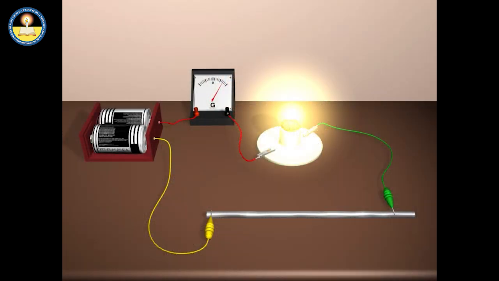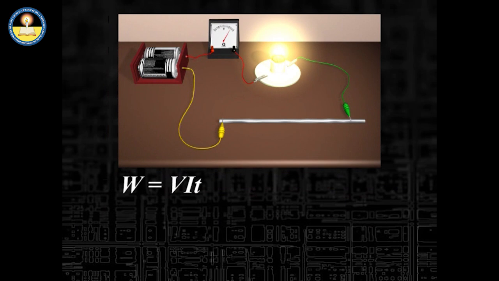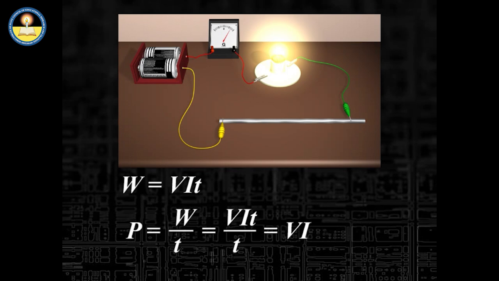If a current I ampere flows through a conductor of resistance R ohm for a time t second under a potential difference of V volt, then electric work done to maintain the current is given by W = VIt joules. Thereby, electric power is equal to the product of potential difference across the conductor and the current flowing through the conductor.